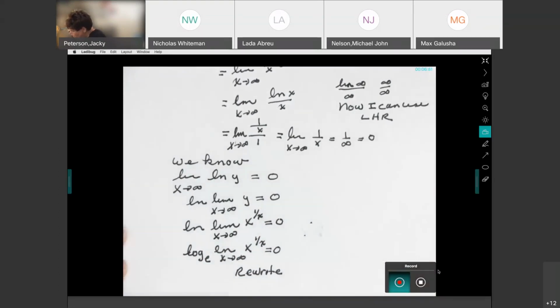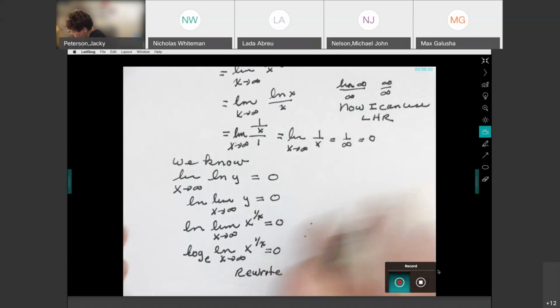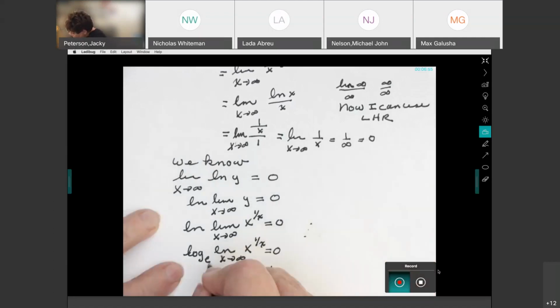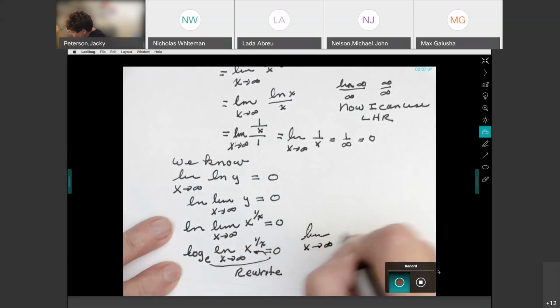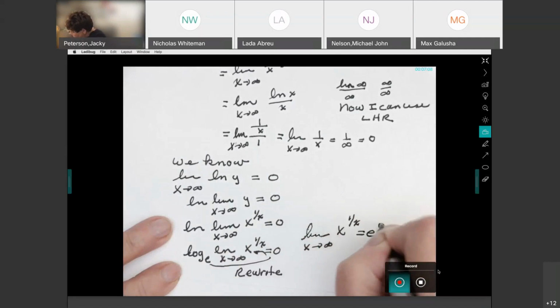I told you, too many L's with humps. e to the 0 is equal to the argument. So the limit as x goes to infinity of x to the 1 over x equals e to the 0, which is 1.